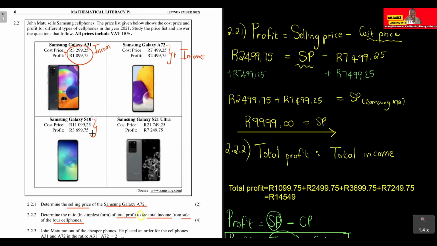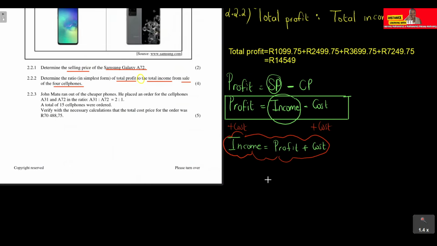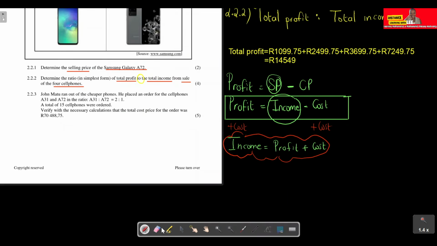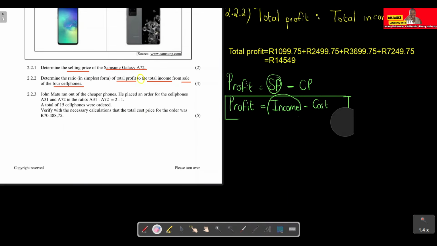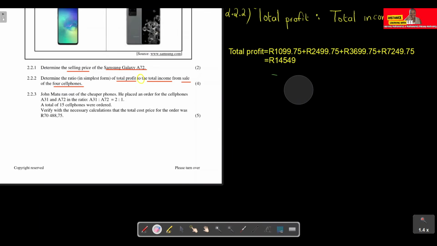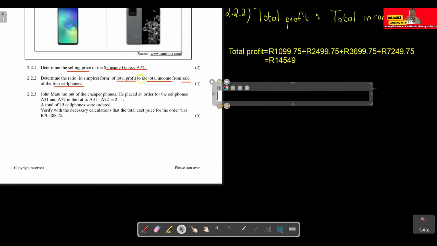Adding these two also gives you the income for the Samsung Galaxy S10, and likewise for the Samsung Galaxy S21 Ultra. So to get the total income, we just need to add up all these values, and then we will be able to find the ratio. Okay, so let's do that.